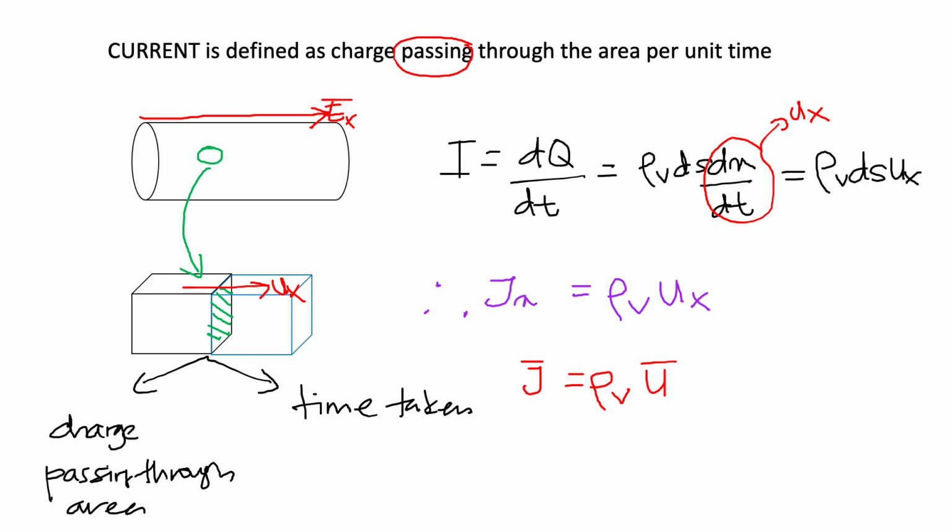This current is known as the convection current density.